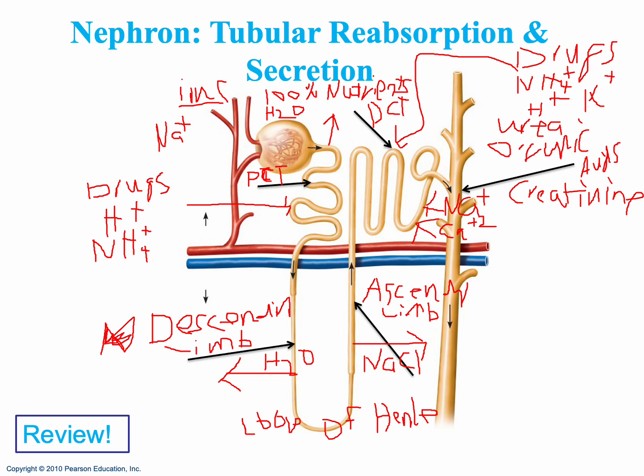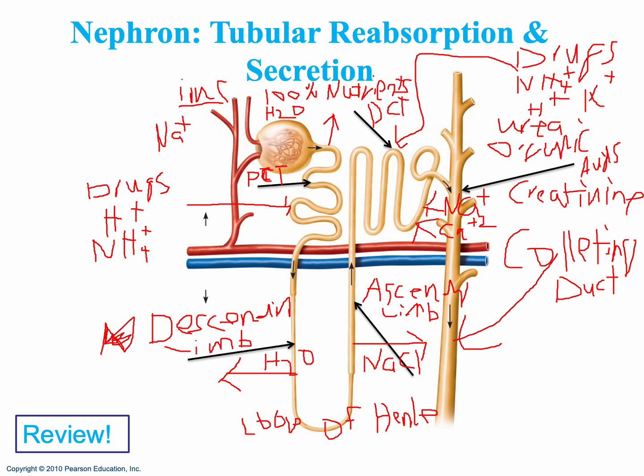All right, and then finally, this is the collecting duct, right? So many things undergo tubular secretion in the DCT. I kind of ran out of room here, but this yellow vertical structure going down is the collecting duct. So the collecting duct.